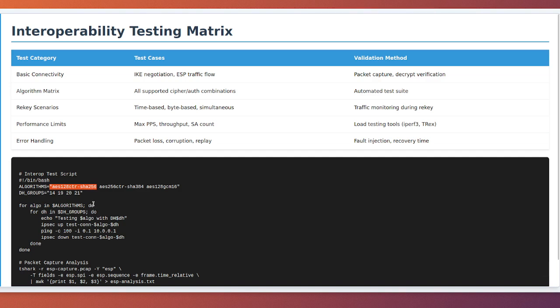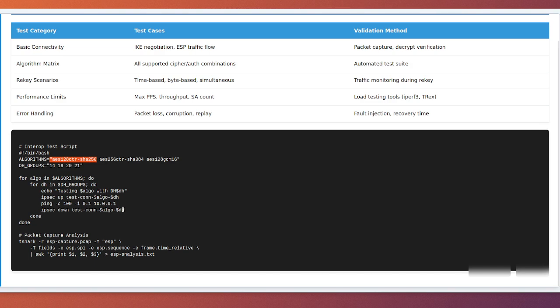This baseline test confirms that fundamental ESP processing works correctly. Use packet captures on both sides to verify that the SPI values, sequence numbers, and packet formats match expectations. Pay particular attention to the IV format in the ESP header, as different implementations may construct the counter differently.